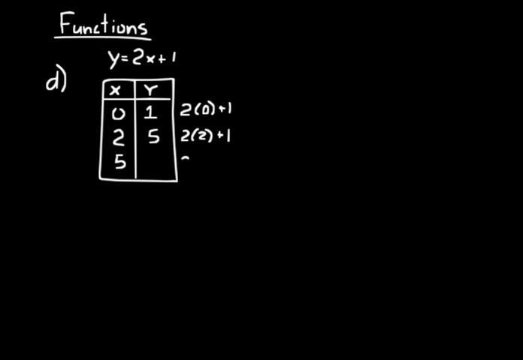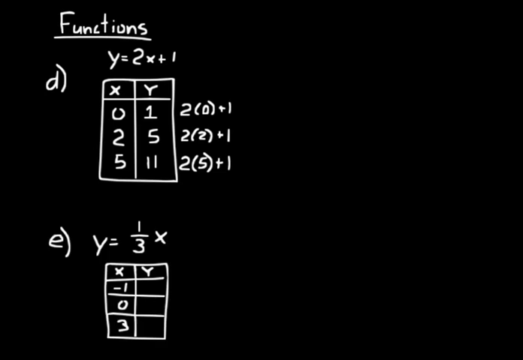And the last one, we substitute a 5 in for x. 2 times 5 plus 1 is 11. For each input value, or each x value, we have one and only one output or y value. 0 goes with 1, 2 goes with 5, 5 goes with 11.